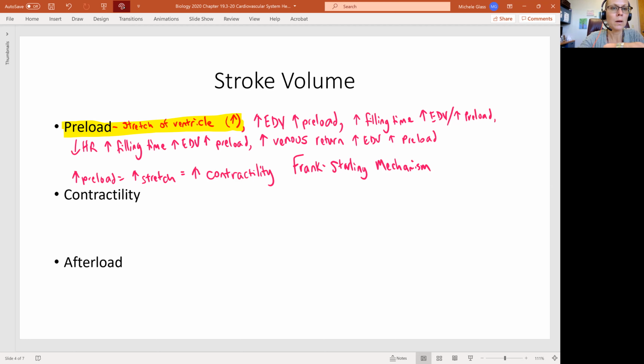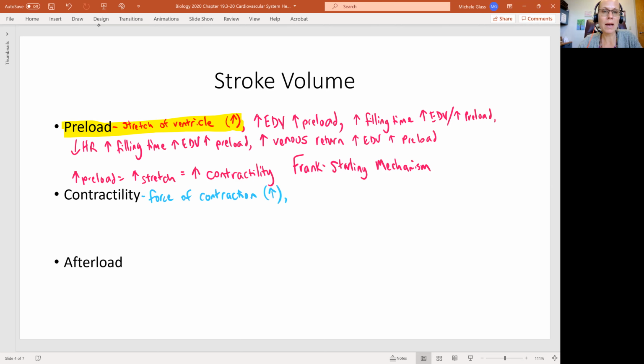Okay. Let's take a look next at that contractility. What is that talking about? Contractility is talking about the force of contraction, and we want this to be a high factor. We want that force of contraction to be good, because by having a very forceful contraction, more blood leaves the heart and less gets left over.